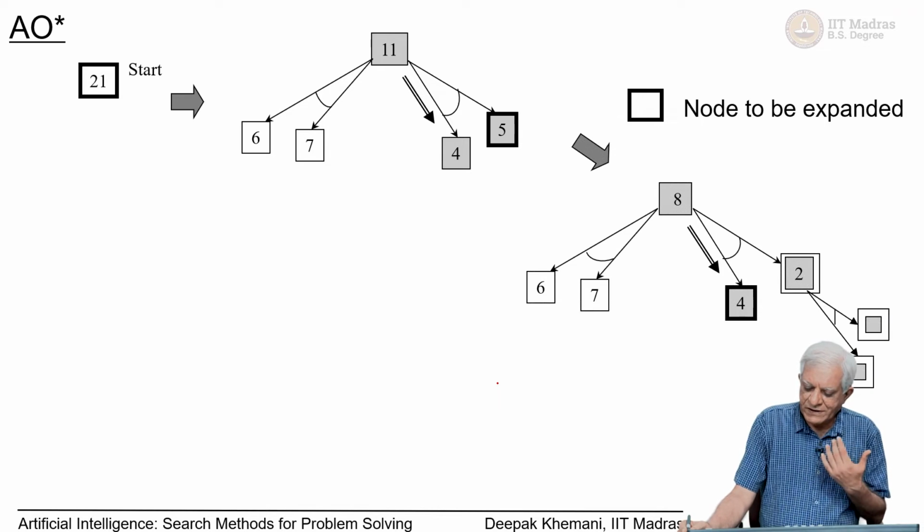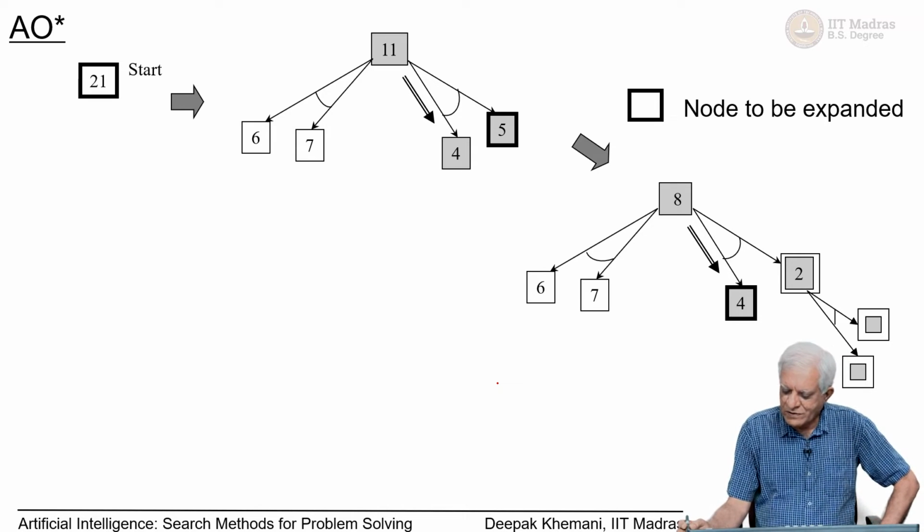So, in the next stage we refine 5, and it turns out that it has only one choice below it, which is that of solving two sub problems. Let us call it A and B. So, that node which had a value of 5 can be solved by solving A and B, and because it has only one choice, that means you know that that node with value 5 is also solved.